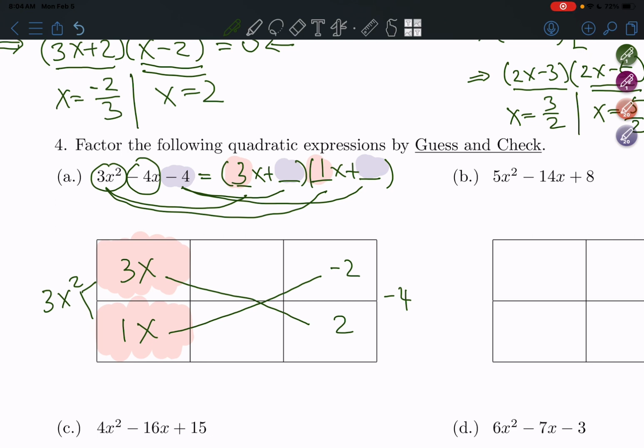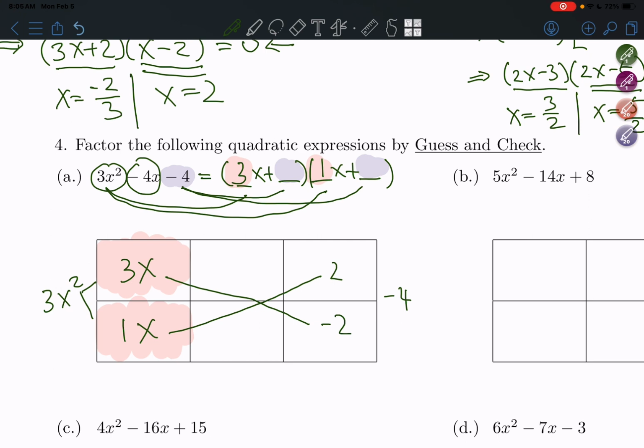Well, 3x times 2 is 6x. 1x times negative 2 is negative 2x. Add that together, I get 4x. So close, but no cigar. Not what I'm looking for. So now my only option left is to flip these. So how about 2 and negative 2 here.